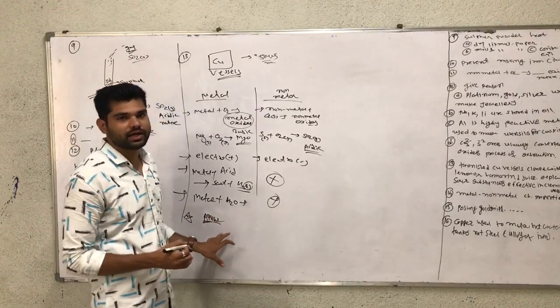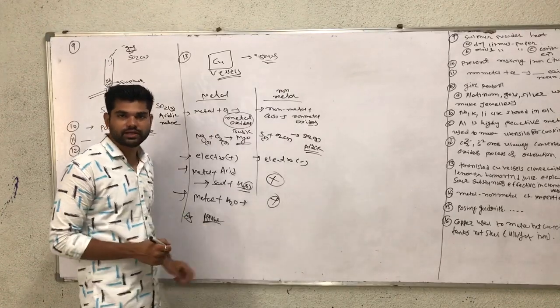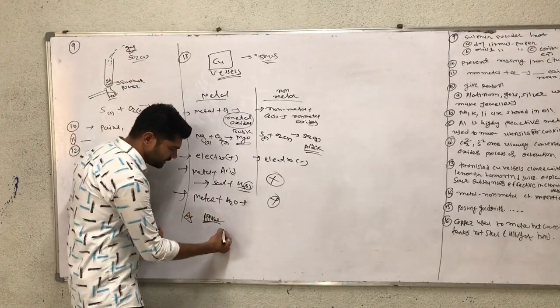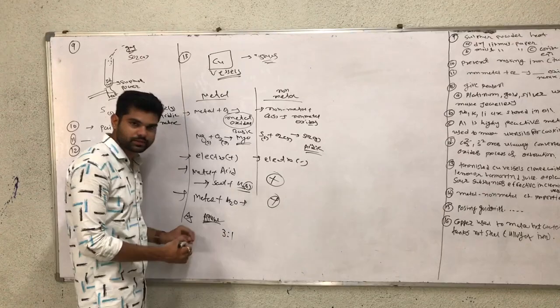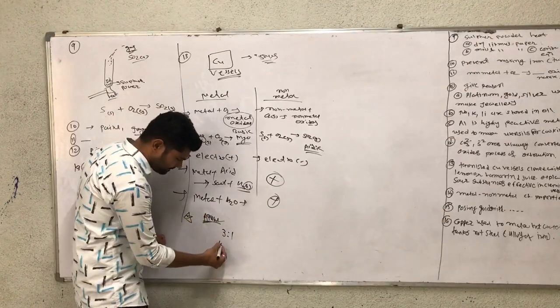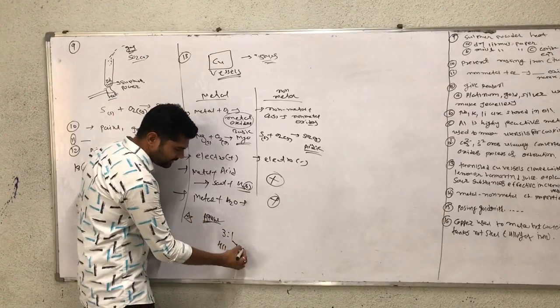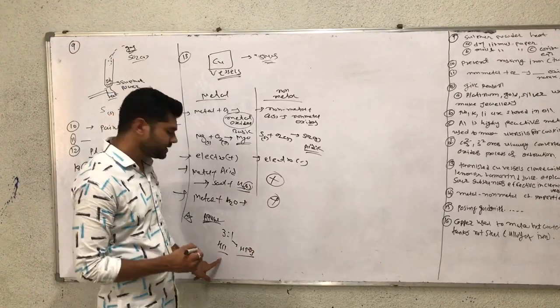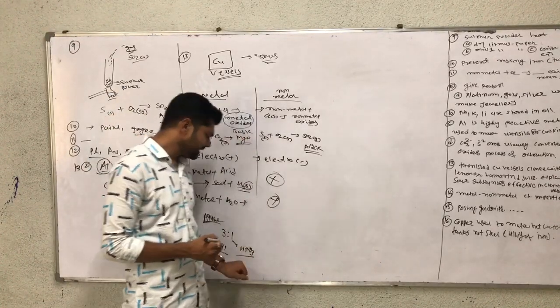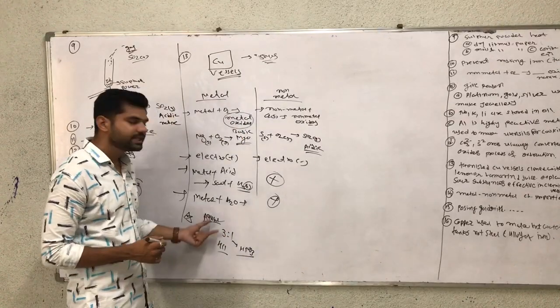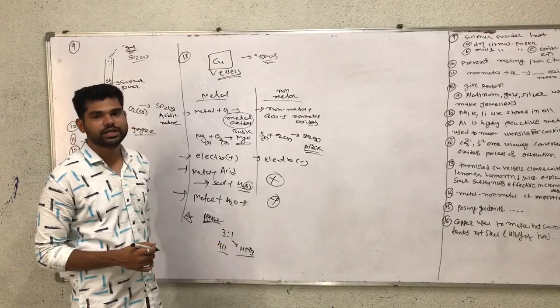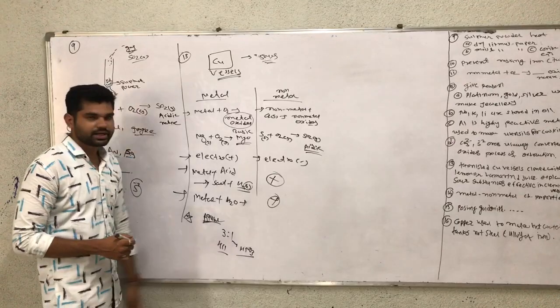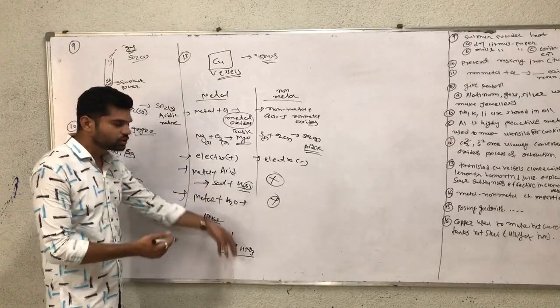The solution name is aqua regia. And what is aqua regia? Aqua regia means a 3:1 portion of HCl and HNO3 solution, hydrochloric acid and nitric acid. So 3 parts of HCl and 1 part of HNO3 concentrated solution put on gold.